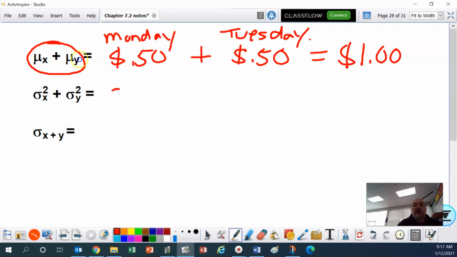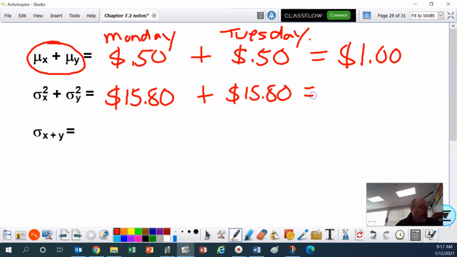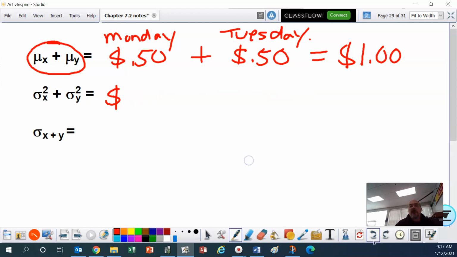Now, notice the variance, folks. We take Monday's variance and add it to Tuesday's variance, and we get, let's see, whoops, hold on here. I'm goofy. The variance is 249.75.